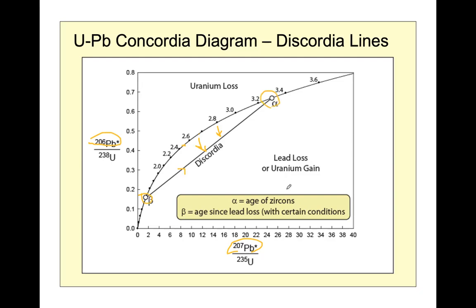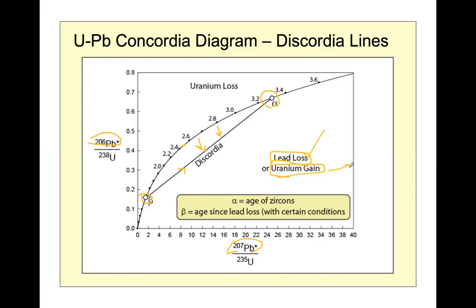And in some situations, lead loss is a very common thing, but some uranium gain can also happen due to some processes, right? But those are very rare situations. Most probably lead loss mechanisms are the dominant ways. Uranium gain can be due to some metasomatism or something, right?